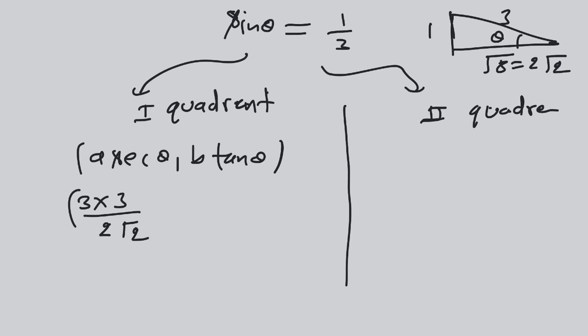The value of b is 2, and tan theta is 1 by 2 root 2. So we get the point with coordinates 9 by 2 root 2, 1 by root 2.